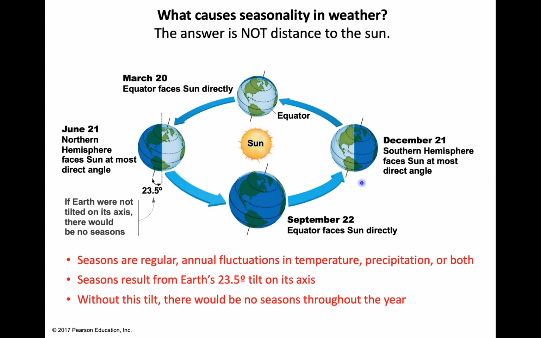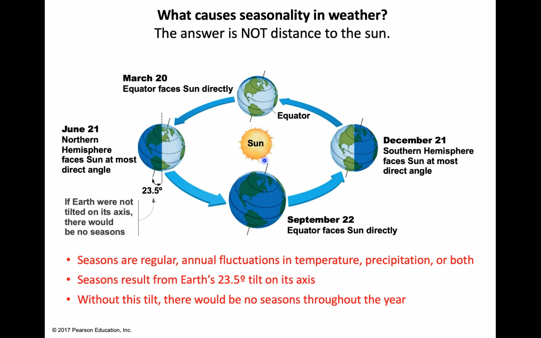And that is true, but it's grossly exaggerated usually when you see this, because the Earth's orbit around the sun is actually almost entirely circular, such that we are only very, very slightly closer to the sun during some parts of the year than others. And that very minor difference in distance is actually not the reason why we have seasons. That difference is way too minor to make much of a difference.